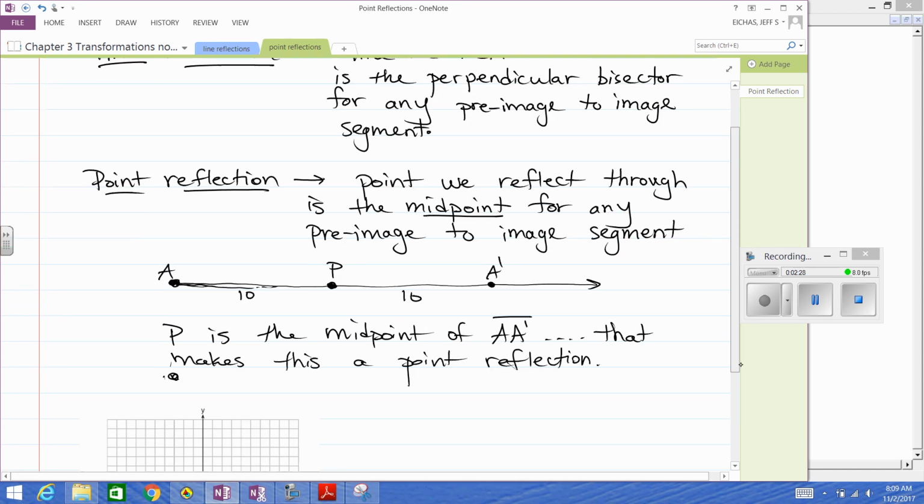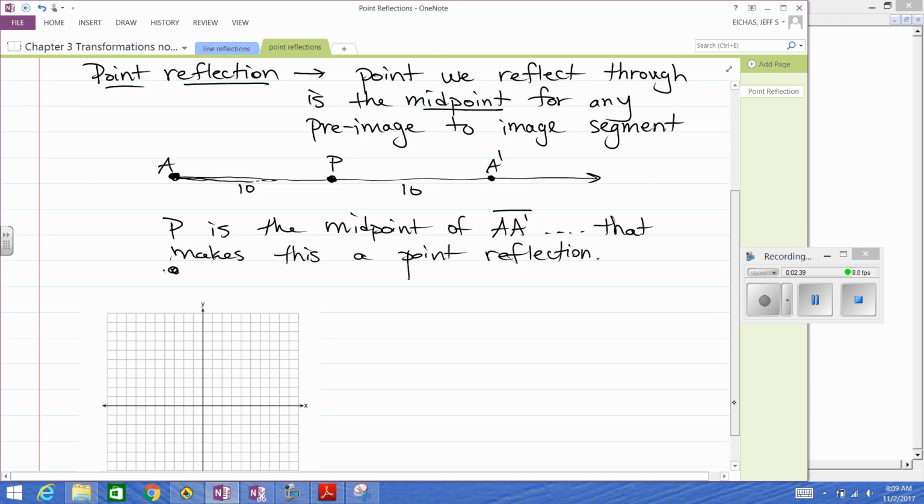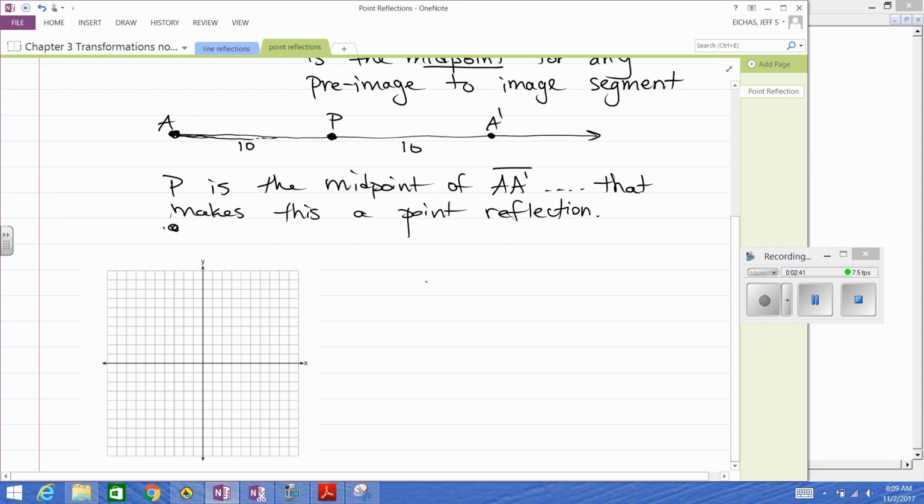So slightly different. Of course, that's without a graph. That's one of the areas that we'll study. Now, if it is on a graph, it's a little different here. Typically we're going to reflect through the origin, but I'll show you that it can be reflected through any point.